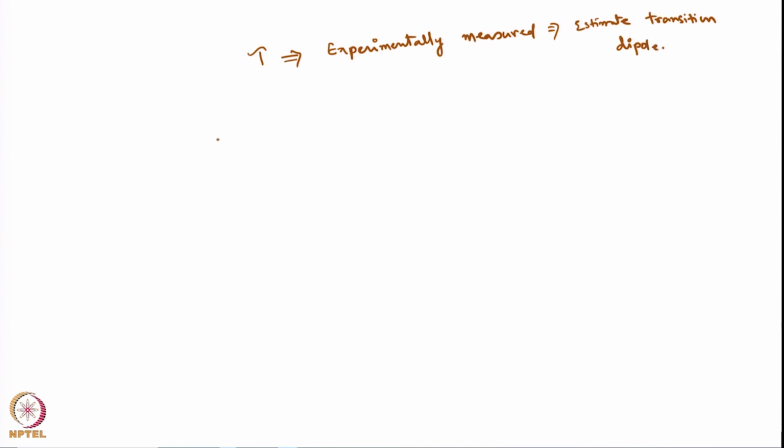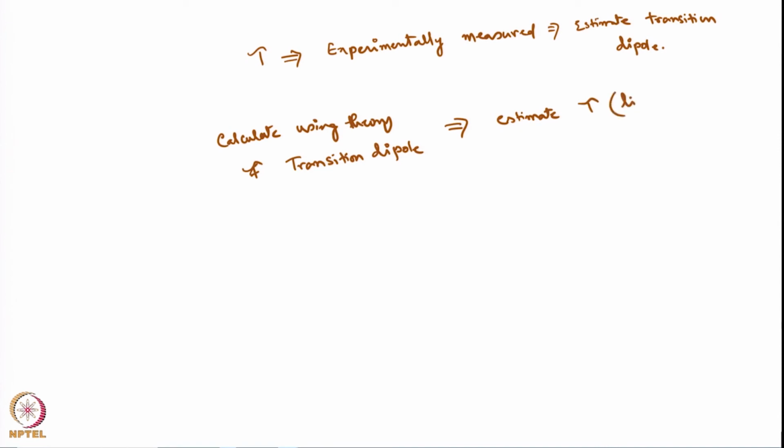Or the other way around, if one calculates the transition dipole using theory, then from here one can estimate tau, and then of course this tau is the lifetime.